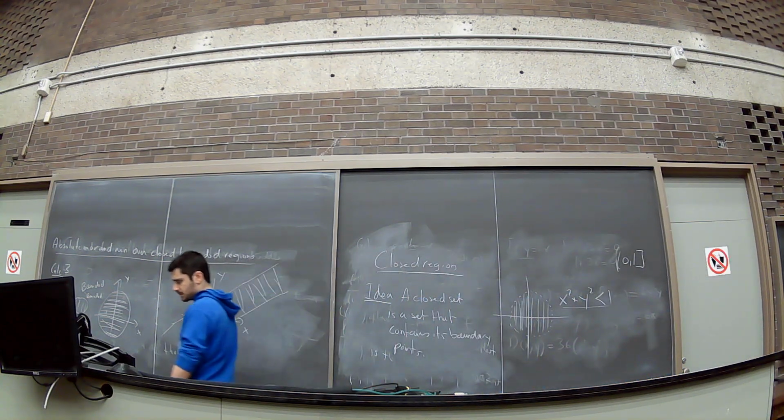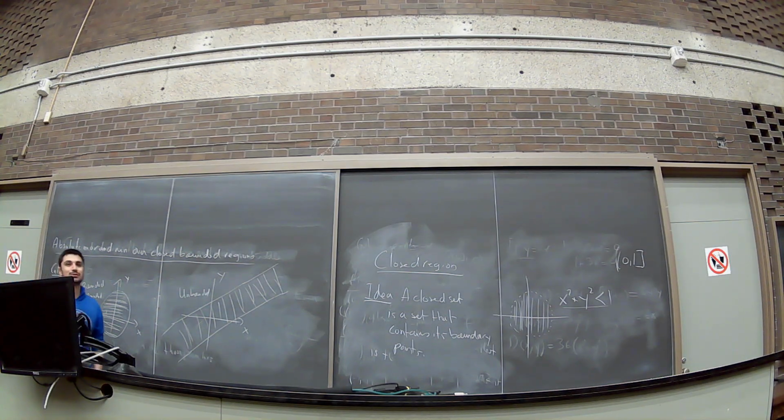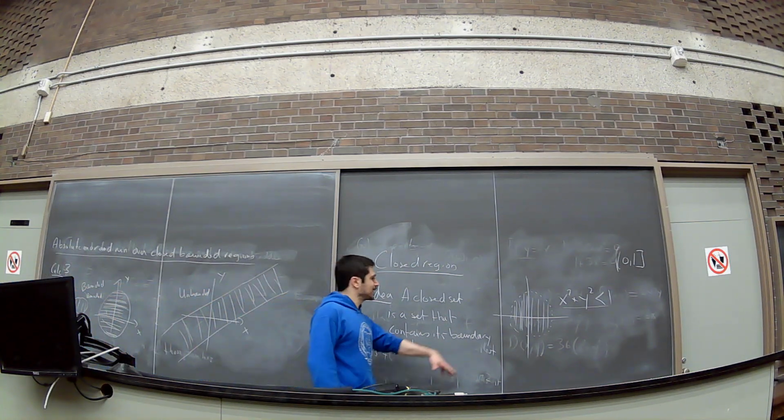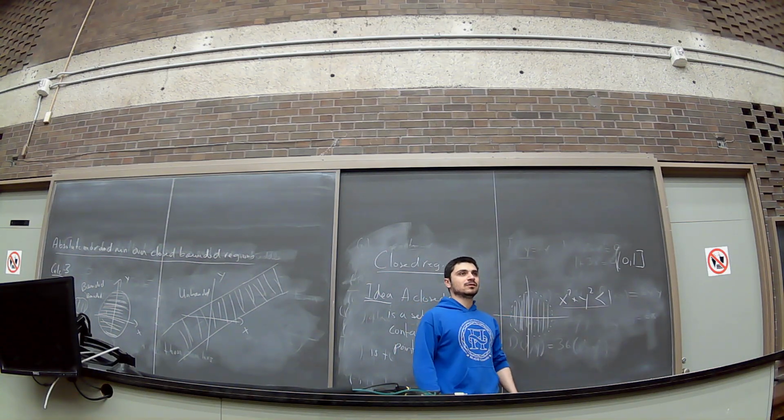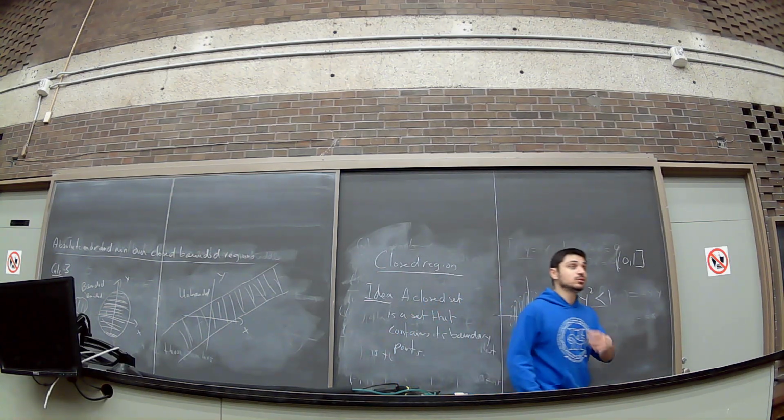I don't know how this book defines it. Yeah, okay, it says it contains all its boundary points, so they don't define what a boundary point is. But intuitively, what is the boundary of this disk? R equals 1.